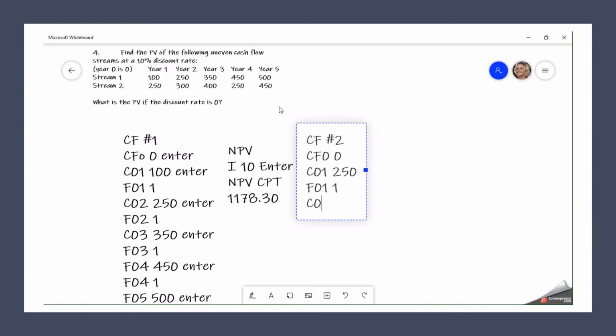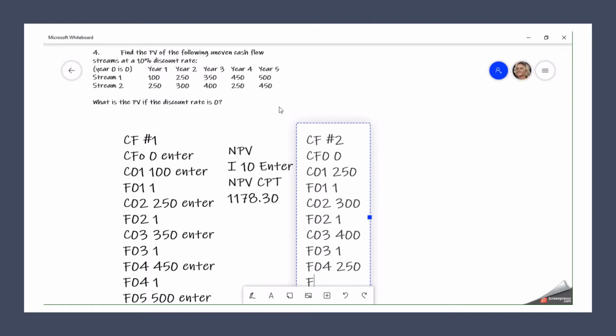Cash flow for year 2 is 300, and that frequency is a 1. The cash flow for year 3 is 400, and that is a frequency of 1. The cash flow for year 4 is 250, and that is a frequency of 1.